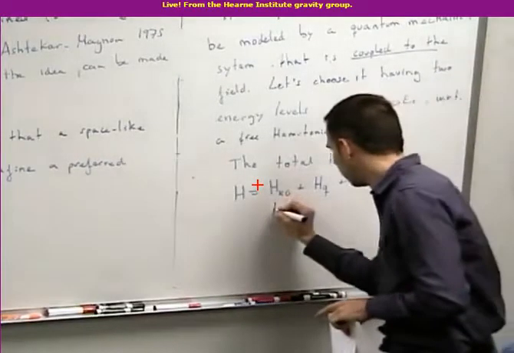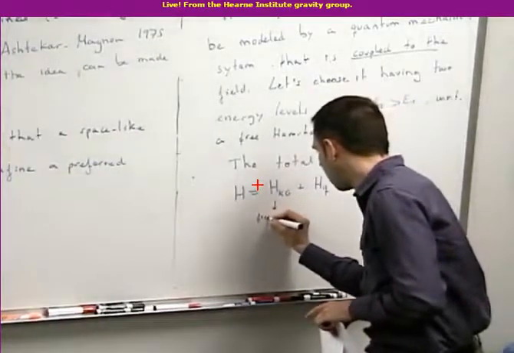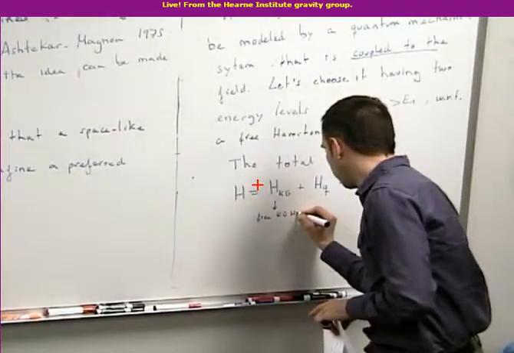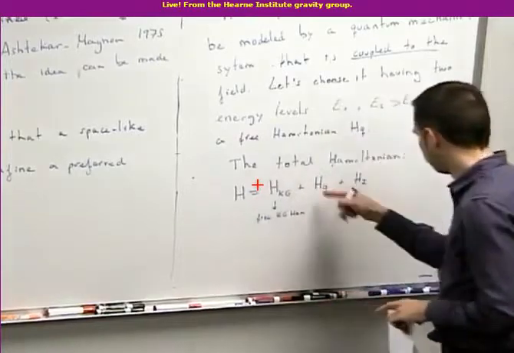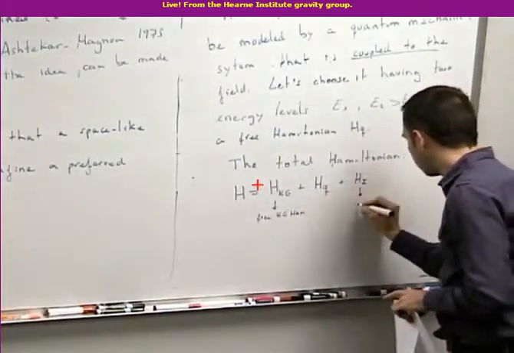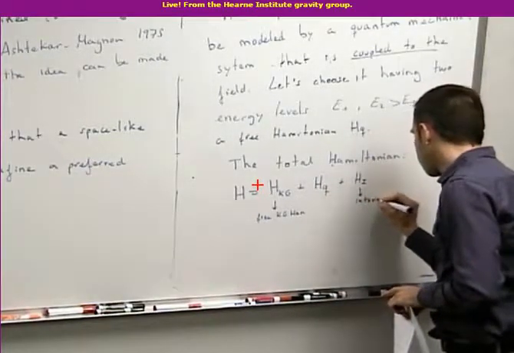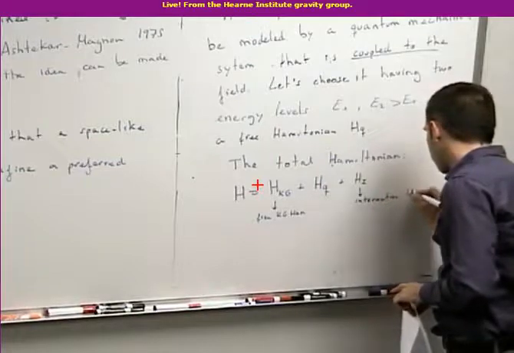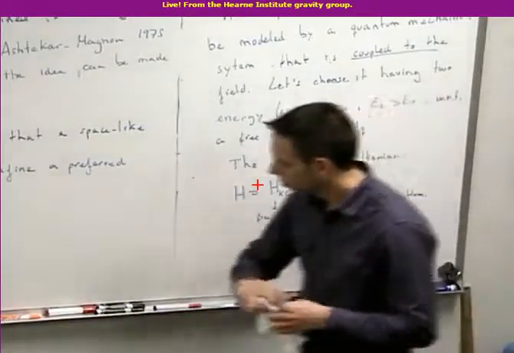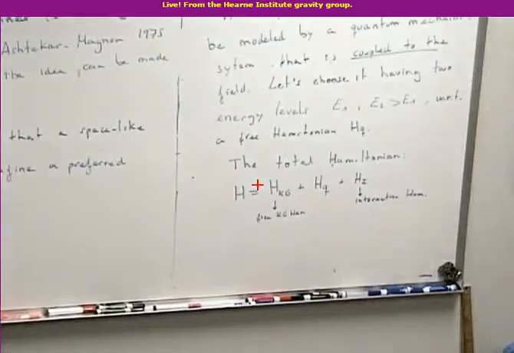So this is the free Klein-Gordon Hamiltonian, this is the free Hamiltonian of the detector, and this is the interaction Hamiltonian. In order to specify the particle detector, I have to give you that Hamiltonian. It's going to be very simple.